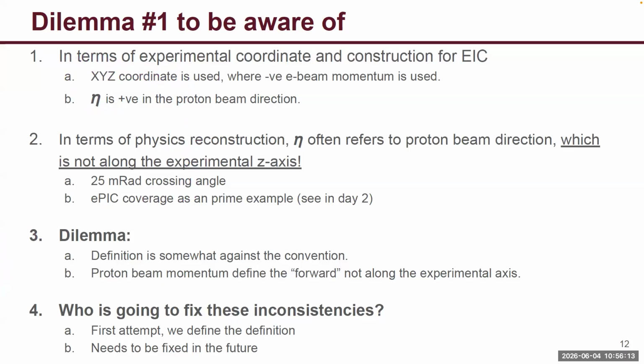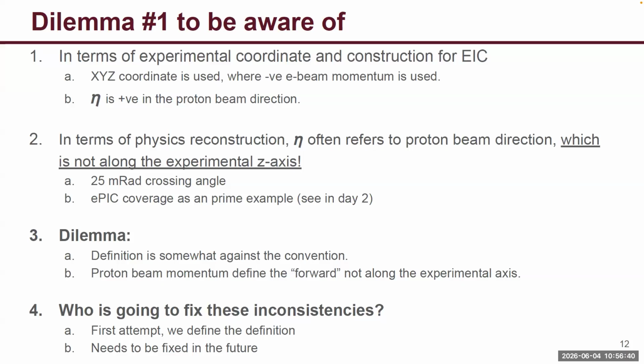And here is a little bit of a dilemma: the EIC has a crossing angle of 25 milliradian, for very innovative reasons, I will talk about it. And this actually brings our definition of the forwardness to a little bit of a complication.